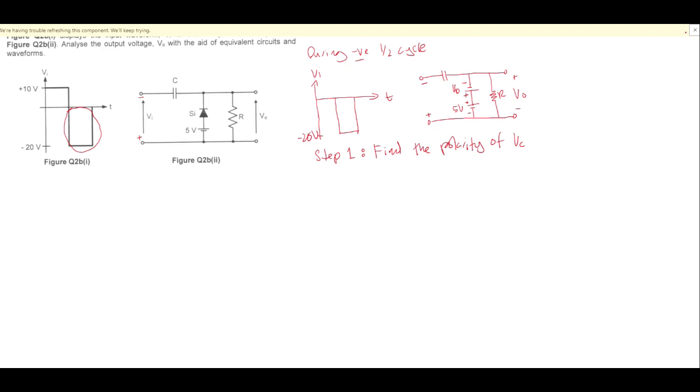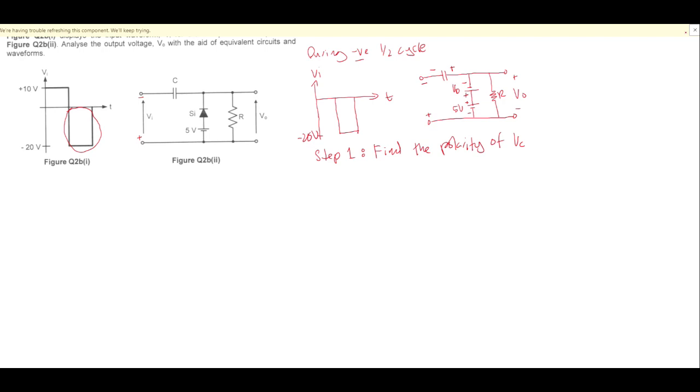The polarity of the capacitor must follow the direction of the current, from high potential positive to low potential. So here must be positive and here must be negative.